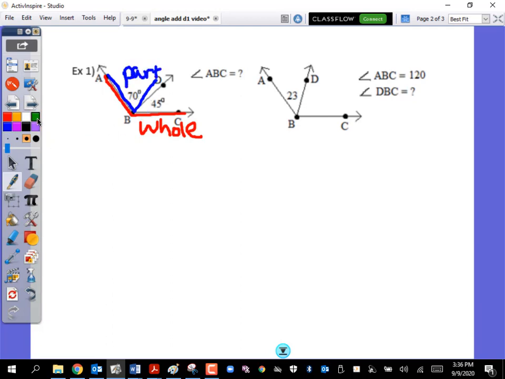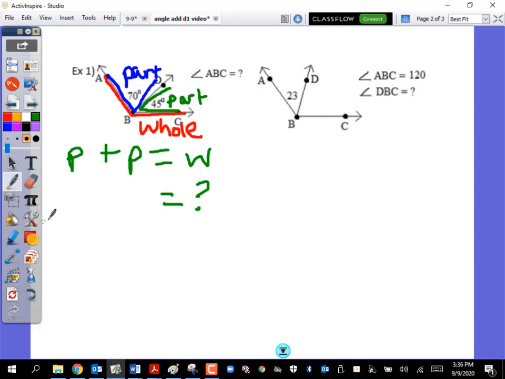And I can tell that there's another smaller angle on the inside of ABC, and it's the 45, so that's also a part. So if I use part plus part equals whole, I'm abbreviating to make life easier, I don't know the whole. I'm going to put a question mark. I don't know it.